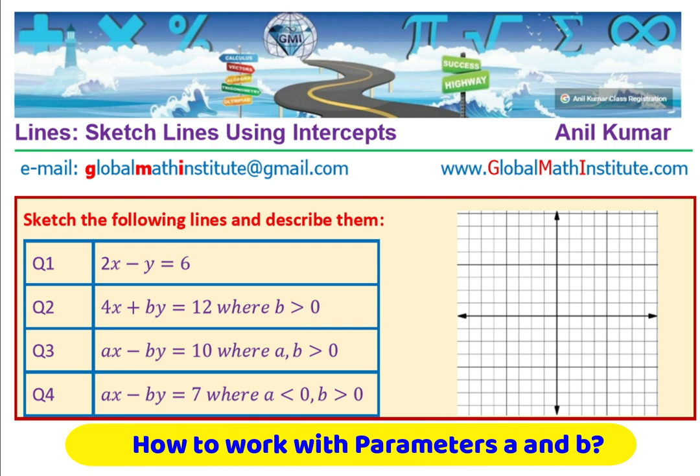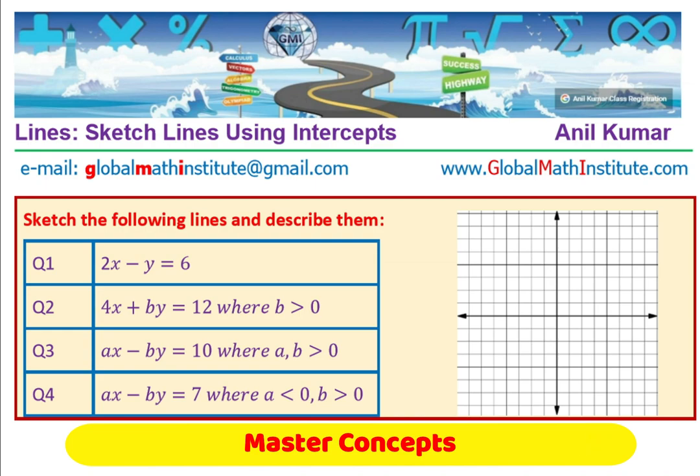Then we have ax minus by equals 10, where a and b are positive. And then we have ax minus by equals 7, where a is less than 0, meaning a negative value, and b is positive. In that case, how is the graph of the line going to be? That is what you have to figure out.